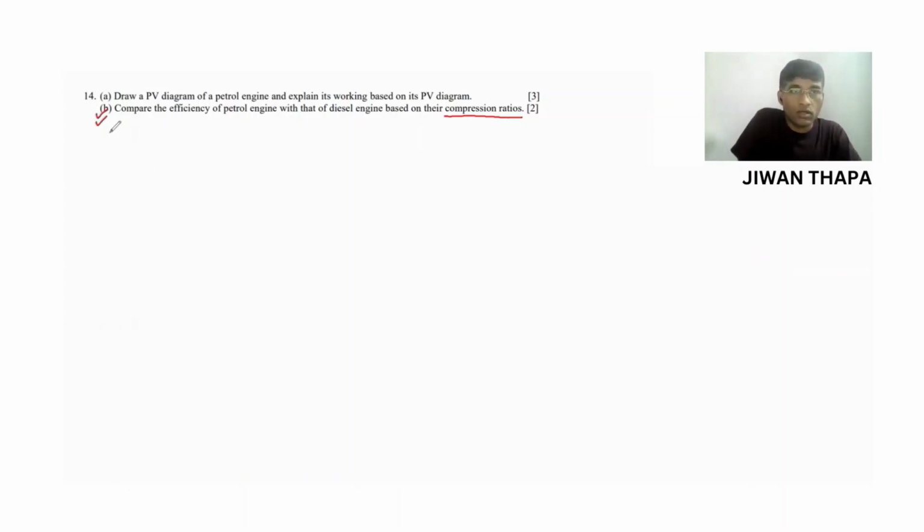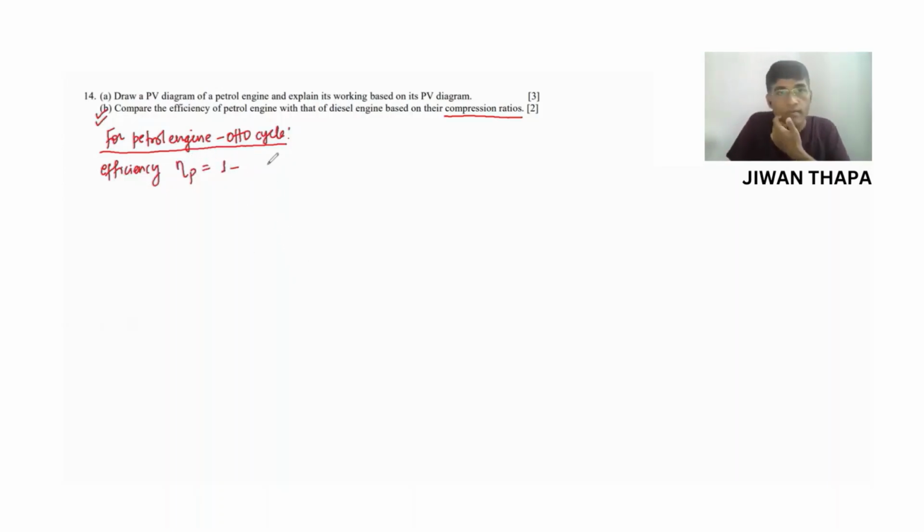Now for petrol engine, or we can also write in this way, for auto cycle, the efficiency, I'm writing in this way, eta P equals 1 minus 1 by R whole power gamma minus 1.